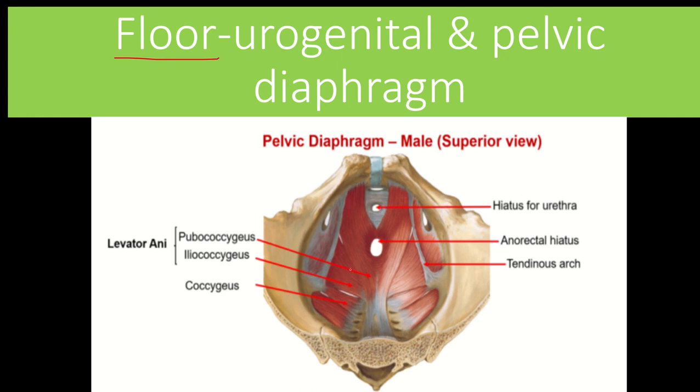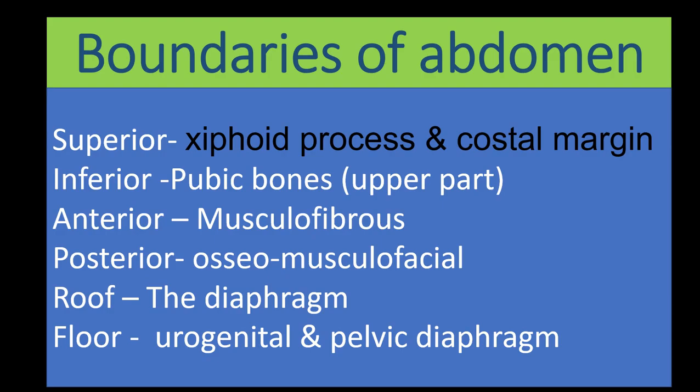We can see in the picture, this bounded part is urogenital and pelvic diaphragm. We can see here the small area. It is the urogenital diaphragm. Through this the urinary tract and genital tract pass, and all the rest of the structure is pelvic diaphragm.